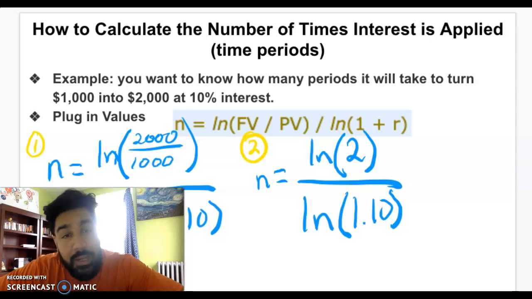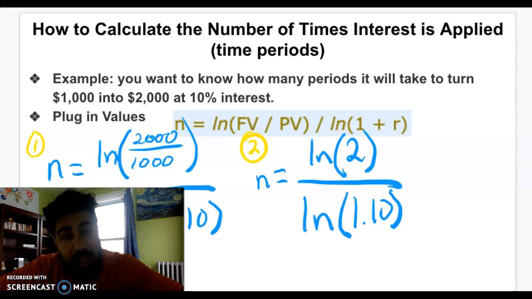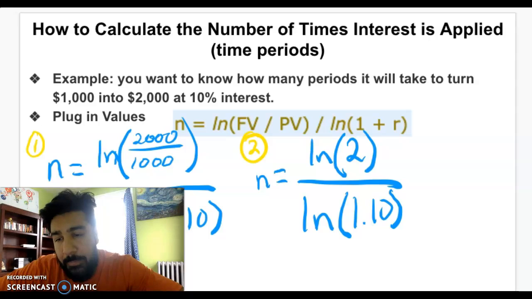So I'll go ln of 2 divided by ln of 1.1, 1.10, same thing.